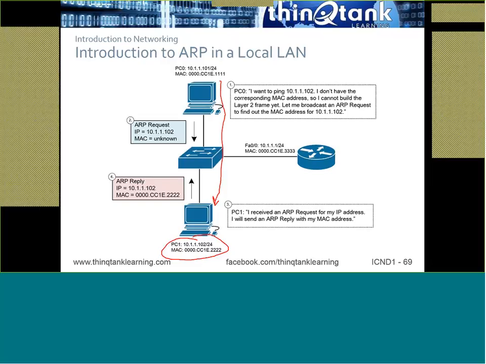Now, how do I know whether or not the destination is in the same subnet? Because I know the source IP, I know the destination IP. I know what my subnet mask is because it's configured on my host, so I can do some basic math and say, oh, the destination IP is in the same subnet, or it's not in the same subnet based on a calculation. If the destination host is in the same subnet, I send out the ARP request with that particular destination in mind.